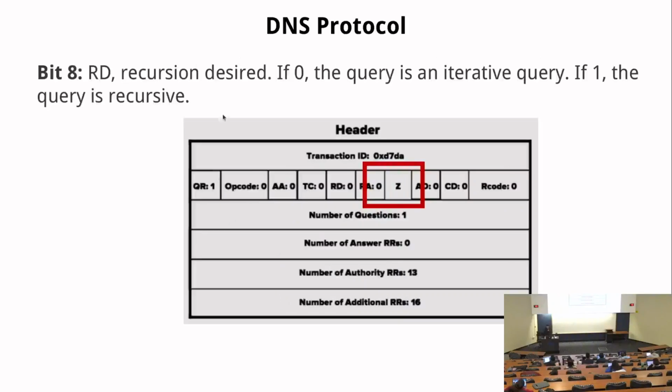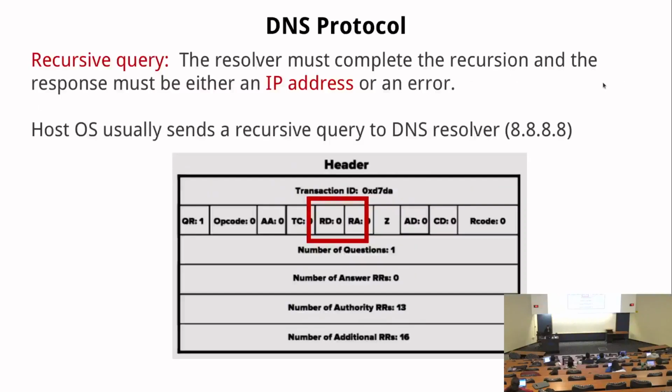Also, the recursion desired bit. If 0, it means the query is an iterative query. If 1, this is a recursive query. A recursive query means the resolver must complete the recursion, and the response must be either an IP address or an error.